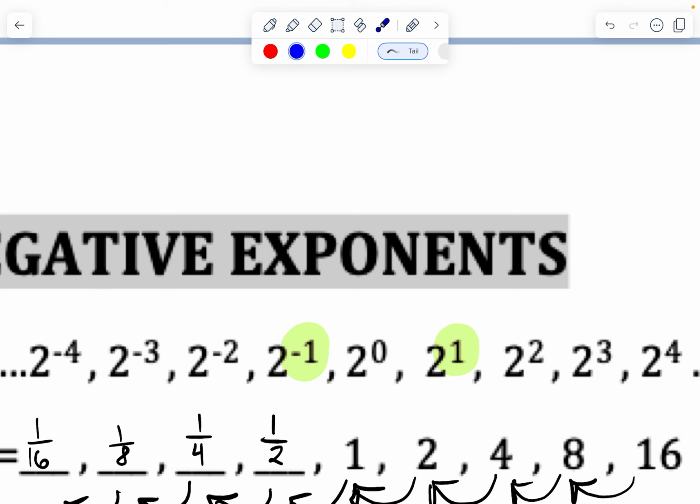Now, something else you might start to notice is 2 to the 1st gives us 2. 2 to the negative 1st gives us 1/2. 2 squared gives us 4, but 2 to the negative 2 gives us 1/4. 2 to the 3 gives me 8. 2 to the negative 3 gives me 1/8.